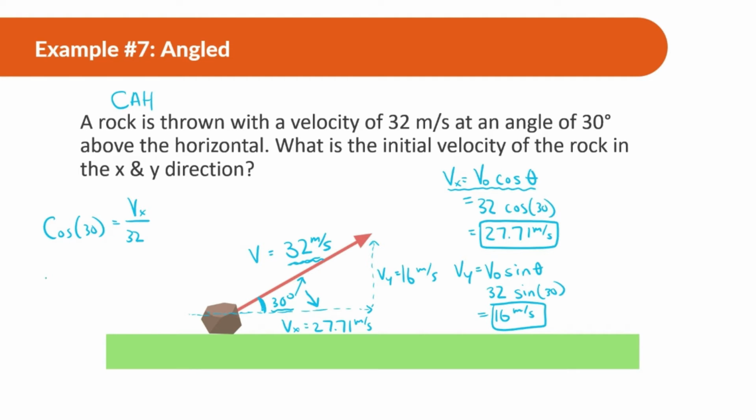So we put 32 on the other side, and 32 times cosine of 30 is equal to Vx. We can see that's the same thing that we did over here. Anyway, you can use SOHCAHTOA, or you can just memorize this formula to solve for these kinds of problems. Up to you.